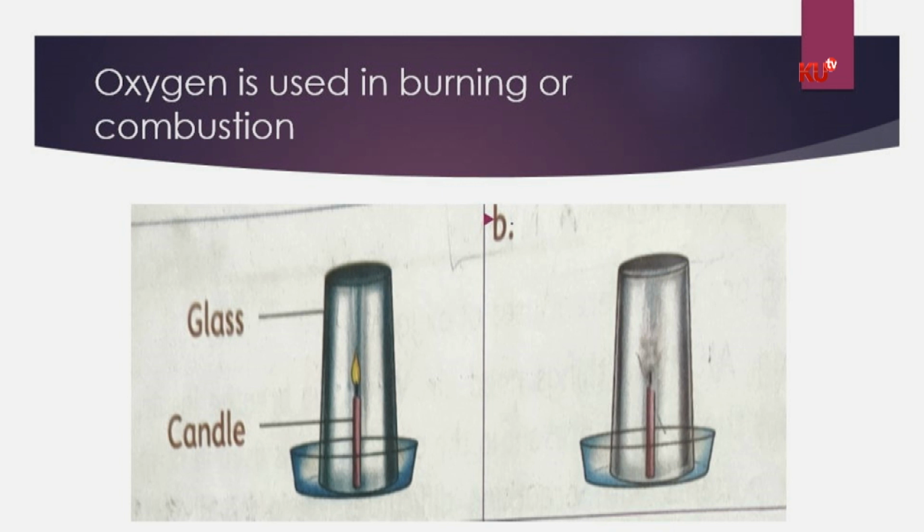And that candle burns because inside that glass there is some oxygen. There is a lot of air, yes, all the components that we have seen: oxygen, carbon dioxide, nitrogen, and rare gases, all of them are found inside that glass. Now, when you light the candle and cover it with the glass, the candle will burn.